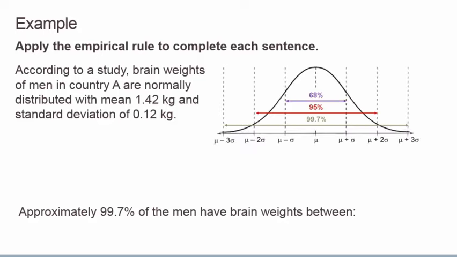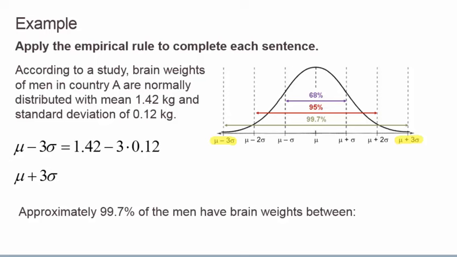Using our empirical rule, we know that 99.7% of our data is within three standard deviations of the mean, which is the mean minus 3 times the standard deviation and the mean plus 3 times the standard deviation.